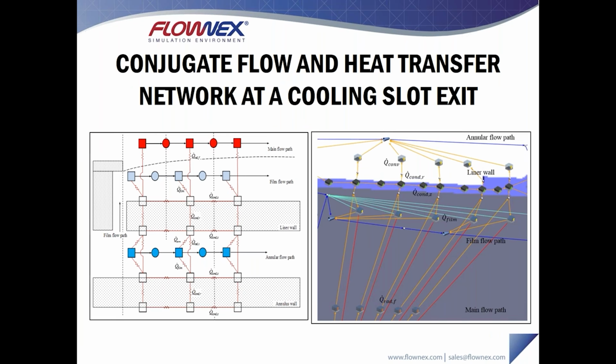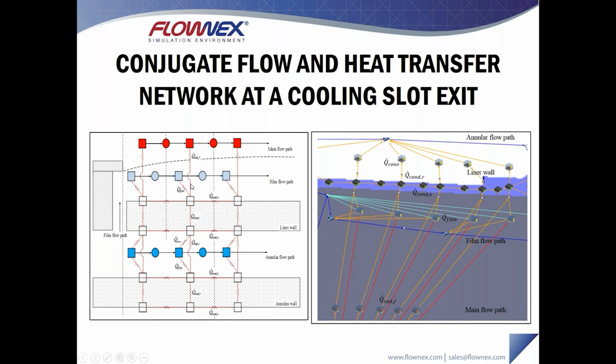So basically what we ultimately ended up doing was creating a complete conjugate flow and heat transfer model of that E cubed, or E3, combustor, and we can look at it just to give you a closer look at what it looks like at one of these cooling slots.